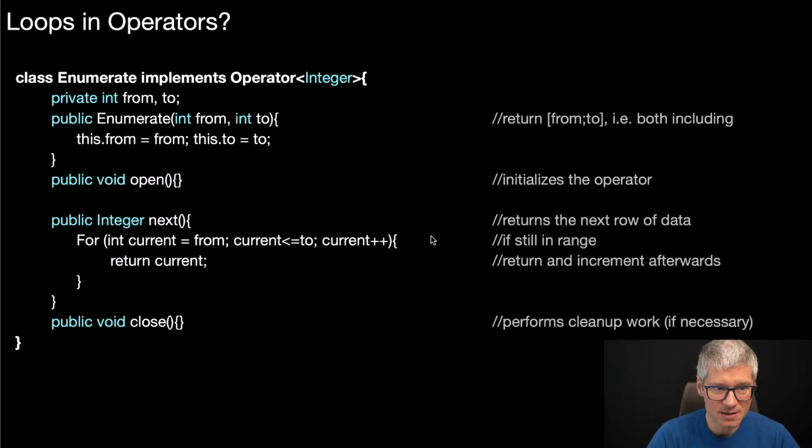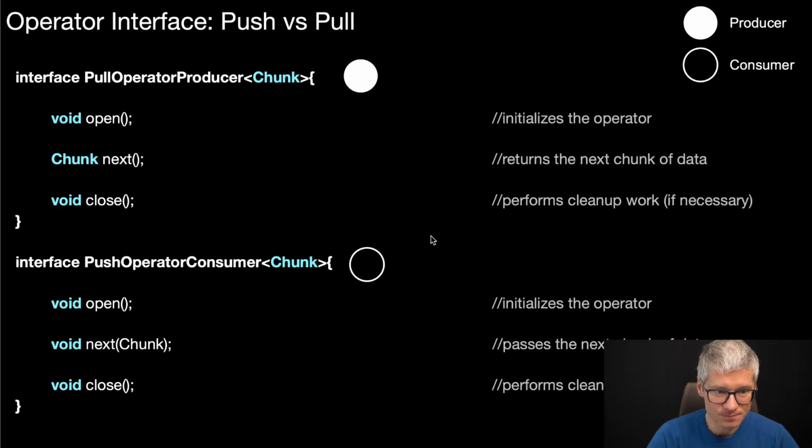So that's basically what I wanted to say about that. So push versus pull. You will also see those pull-based interfaces are used heavily in disk-based database systems. That started, I think, in the 80s already, when people started to use that. Main memory systems mainly use push-based interfaces these days.